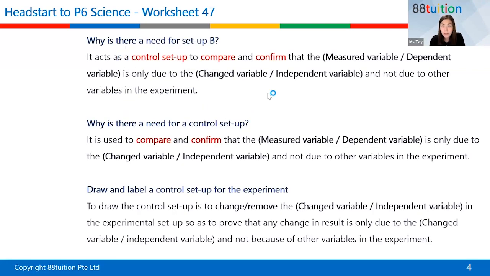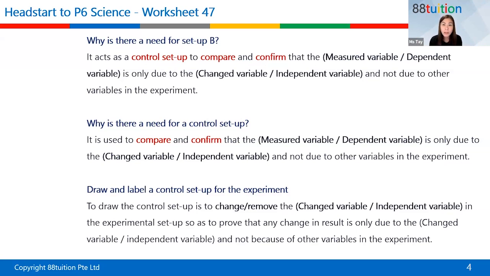Now, how do you answer it? If they ask you why the need for setup B, the first thing you do is to say that it is actually the control setup. After that, you explain. It's used to compare and confirm that the dependent variable is like that because of only the change variable and nothing else.